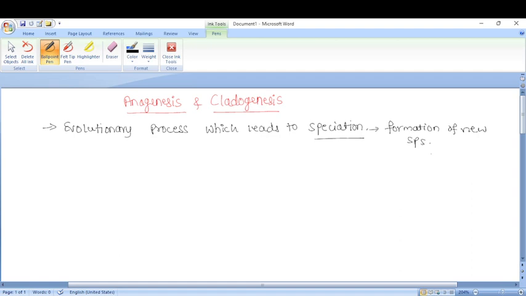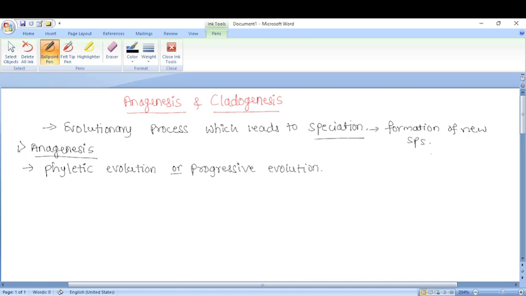We'll see the details of these two. First one, anagenesis. Anagenesis is also called phyletic evolution or progressive evolution.